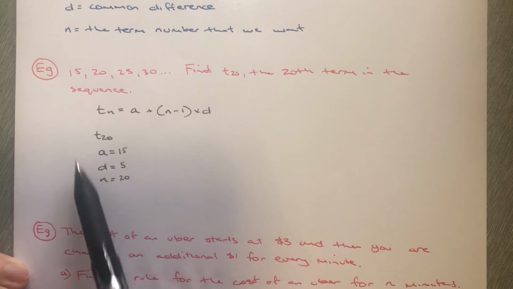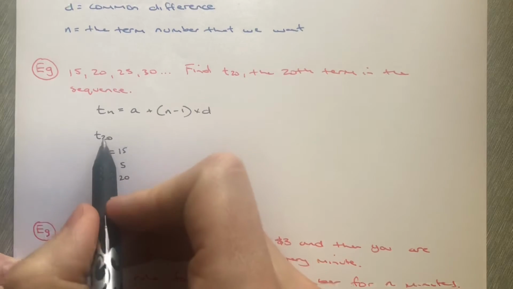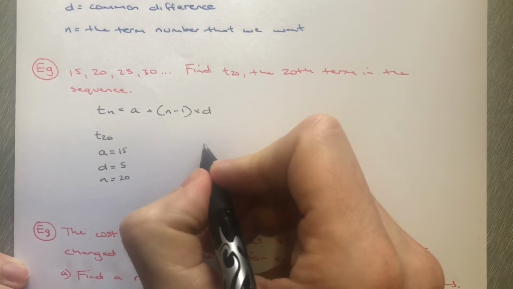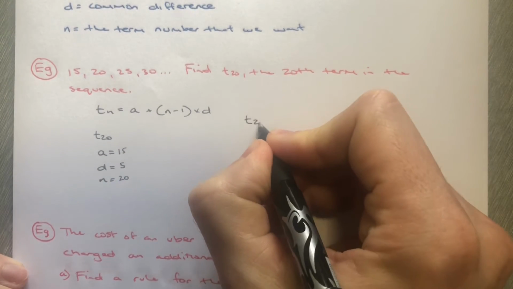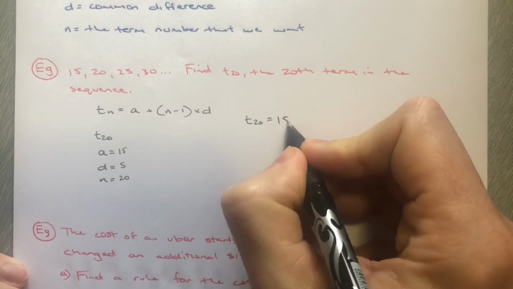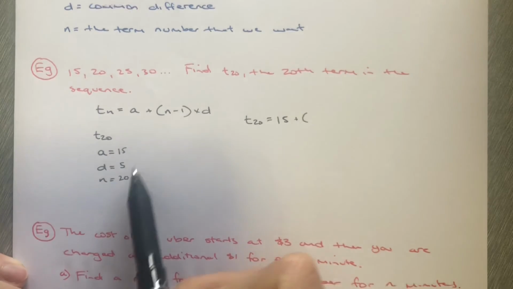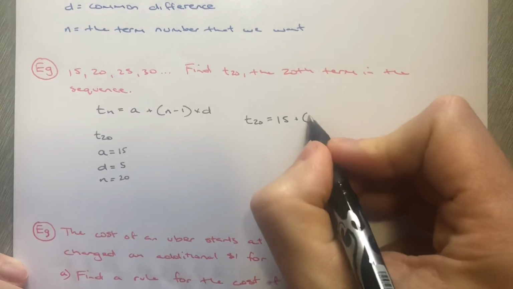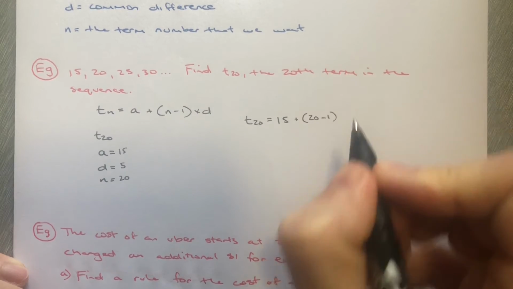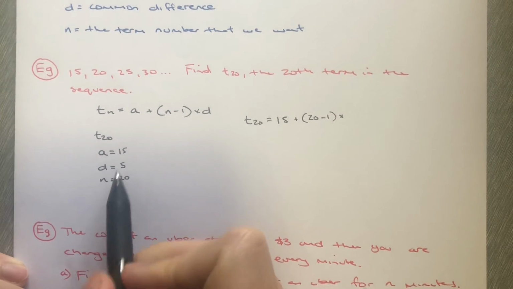All we need to do is get all this info and chuck it into this formula here. So instead of Tn, we want T20. Our first term was 15. So we're just plugging those numbers in. Our N value that we want is 20. And then we times it by the common difference, which we worked out was 5.